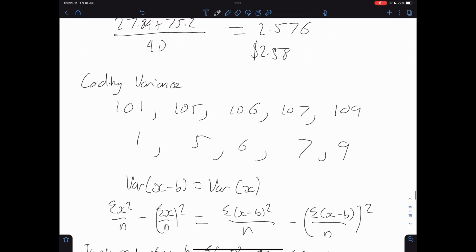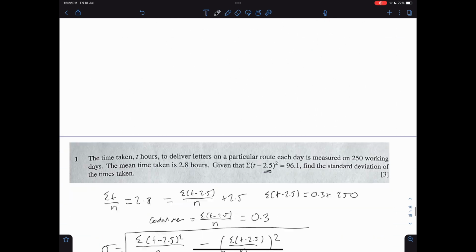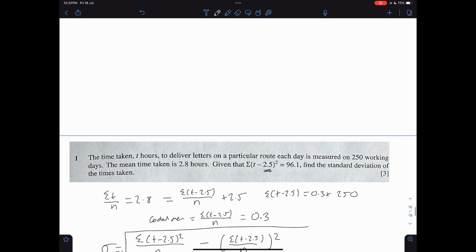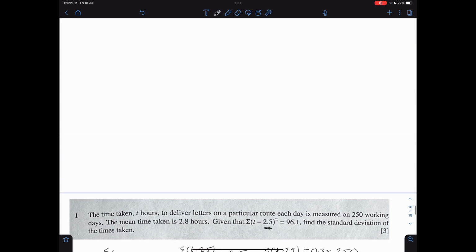And other than that, these codings also work for grouped data. You just have to multiply by the frequency. I'll tell you the formulas.